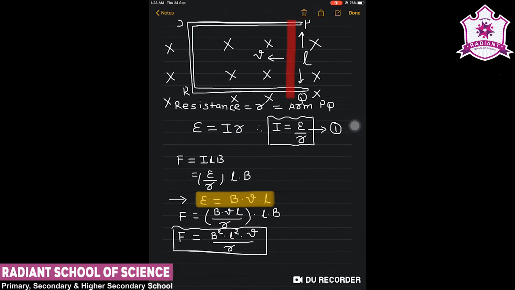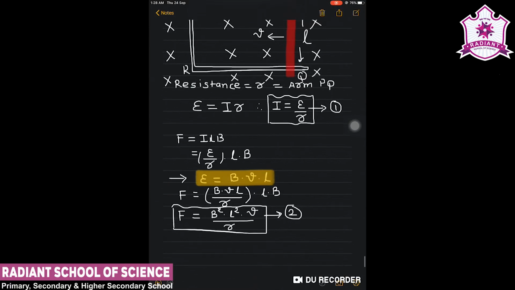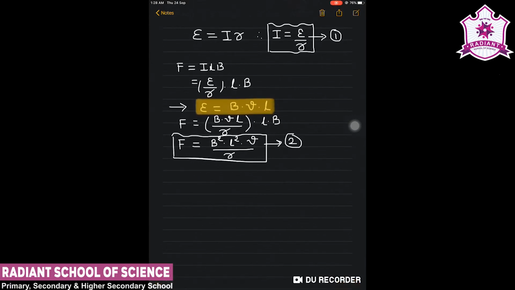We will give it equation number 2. But as we learned in the previous topic of power, power is defined as force into velocity. Now by replacing the term here, we get B square L square V square over R, which is equal to the total power.